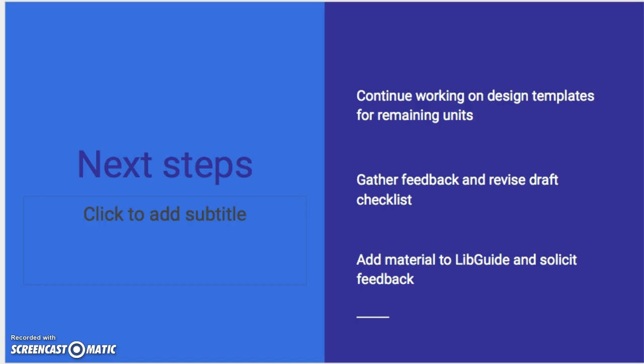I'm going to get feedback and revise the draft checklist, and I'm going to add material to the LibGuide. If I work with Screencast-O-Matic and Google Slides again, I've noticed some of the problems here, and I'm also going to be really careful about what shows up. Thank you for listening.